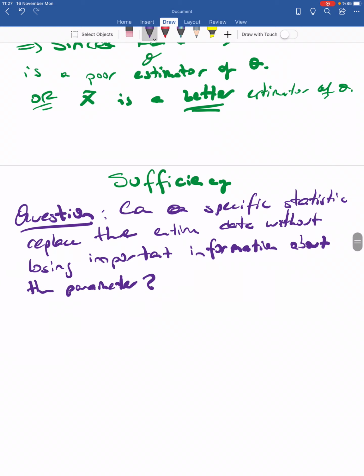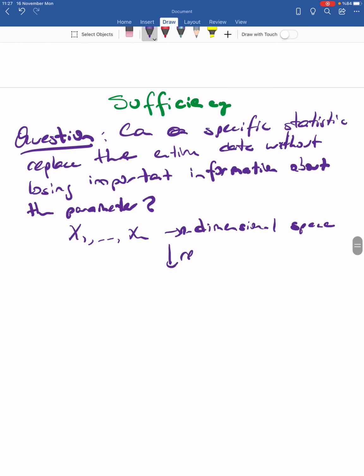So we want to reduce our dimension. We have a sample in n dimensional space. So we want to reduce it to 1D or 2D.